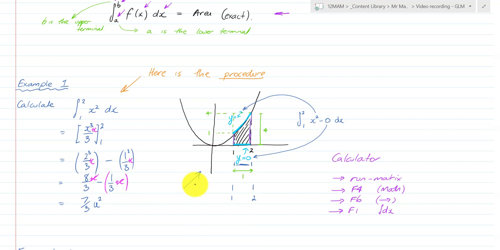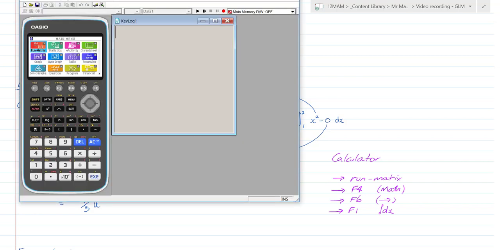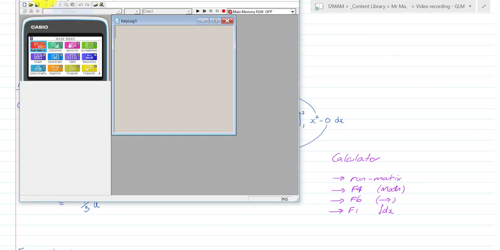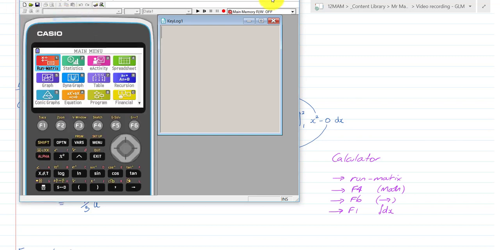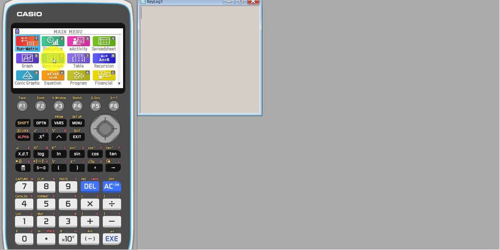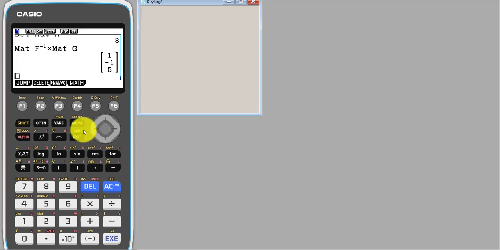So that's the procedure, and let's run through that procedure very quickly on our calculator, because the calculator cannot do an integral for you, but it can do a definite integral between two terminals, and here it is. Here's our calculator. It's a little bit small, so I'll quickly change our view and make it a bit larger. Okay, so here's our calculator. I go into the Run Matrix screen, the main screen, and I select Math F4.